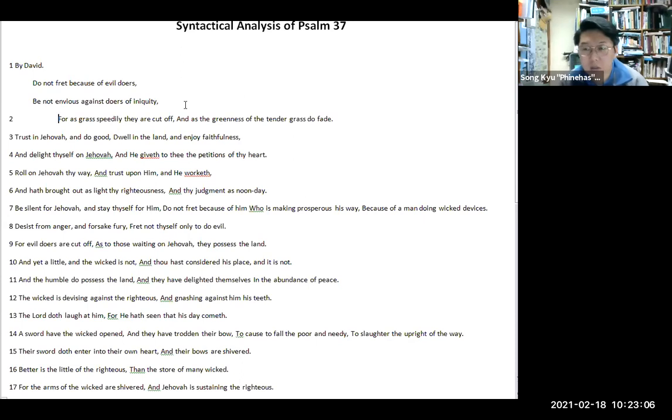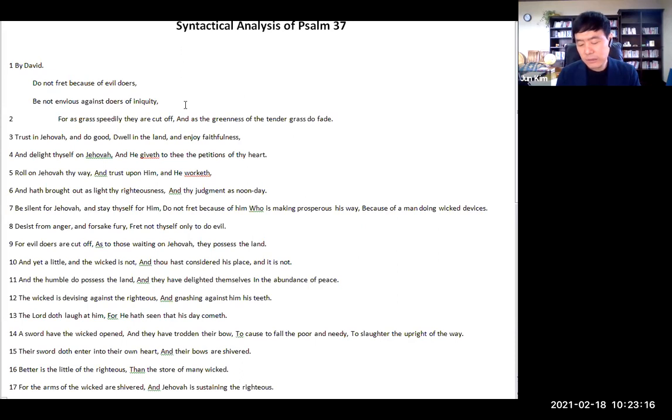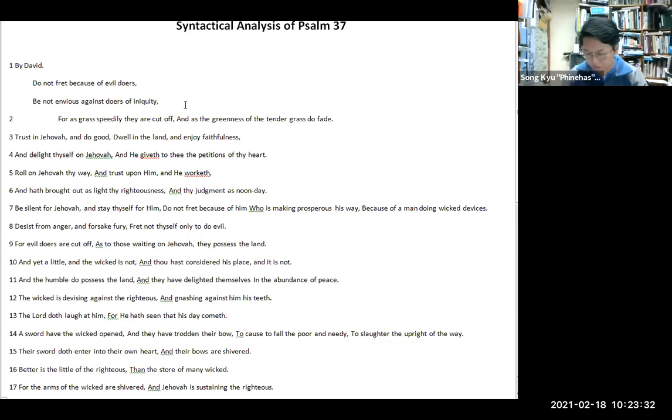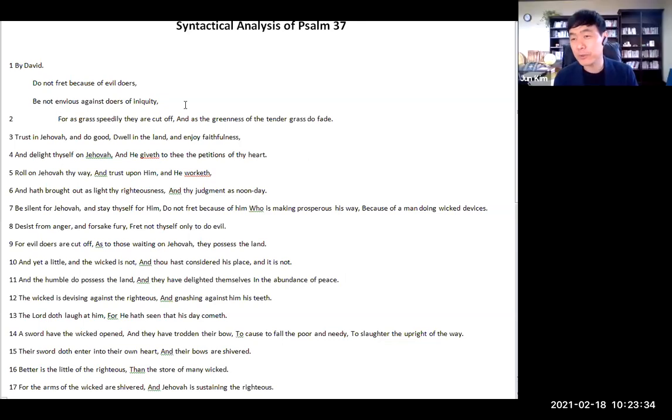Sir, is there any minimum number of passages or verses we have to do? That's a good question. It's a little harder to answer, but I think it should be more than 10 at least. You don't need to deal with the whole chapter, which is about 40 verses.